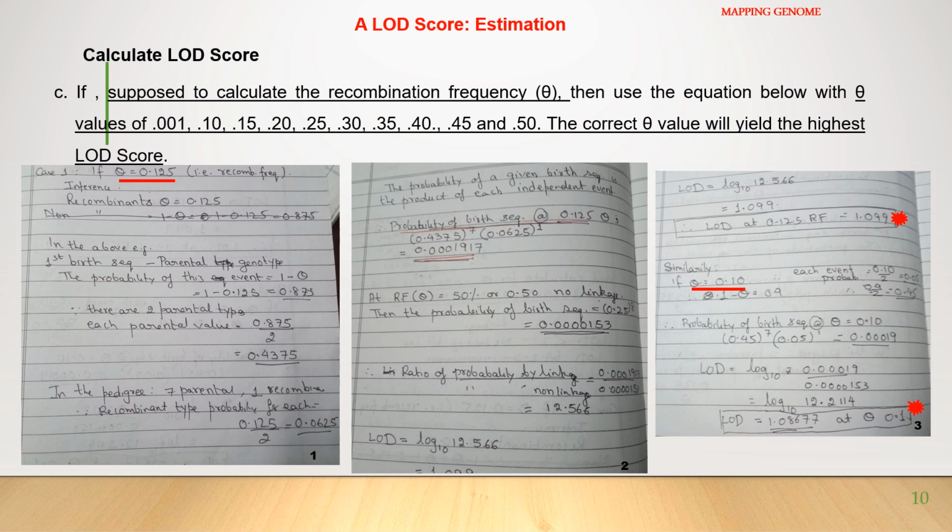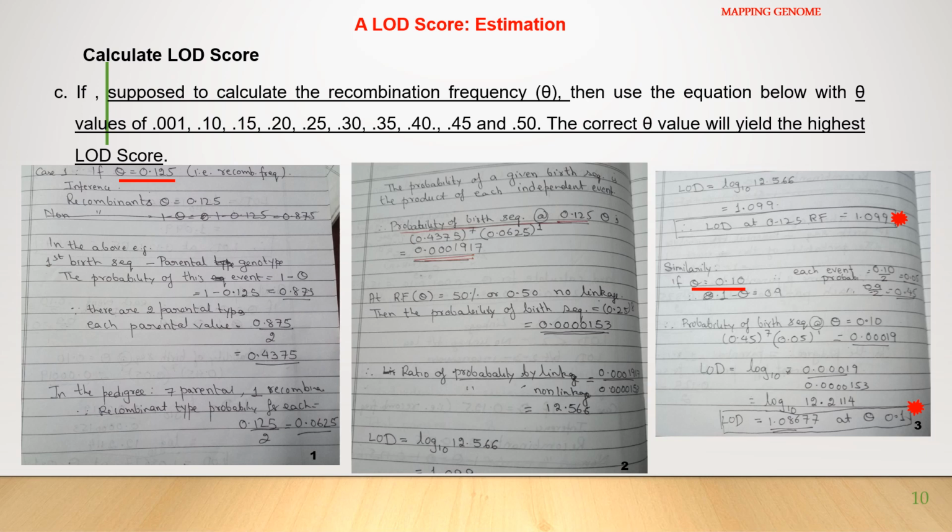So here the value comes to be 0.000153. So the LOD is log of the probability by linkage to the probability by non-linkage. It comes to be log of 12.566. On finding the logarithm, the LOD score comes to be 1.099 at theta value 0.125.